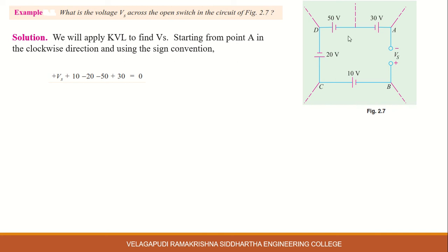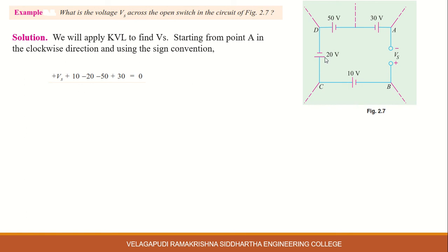So that means here clockwise direction from node A to node B. Here Vs, clockwise direction, minus to plus, a rise in voltage. So plus Vs. And 10 volts, minus to plus, a rise in voltage, so plus 10 volts.